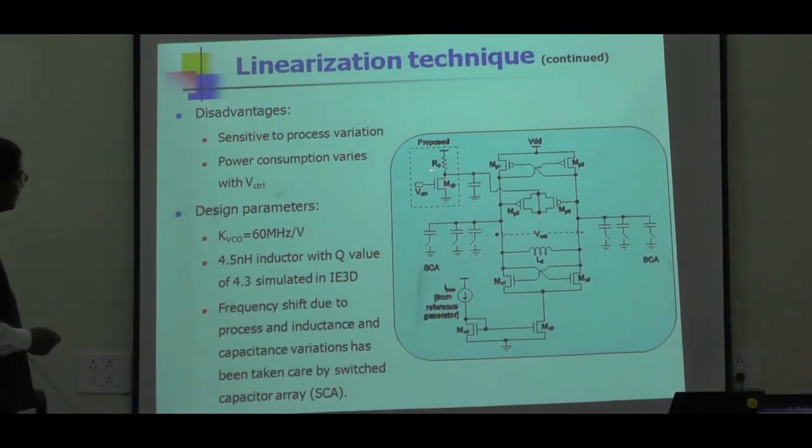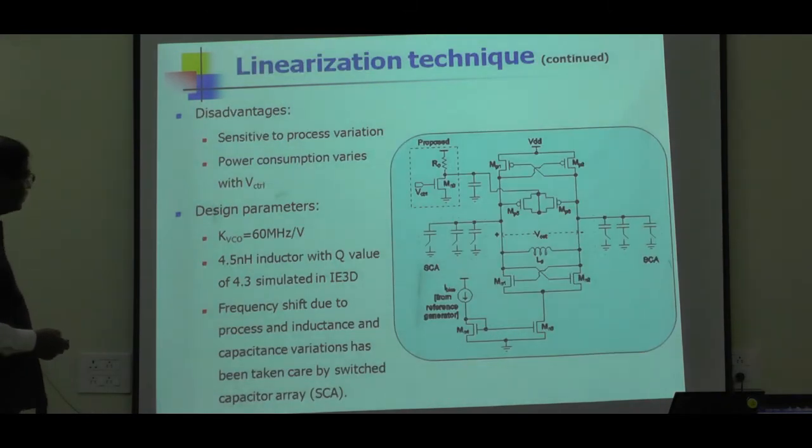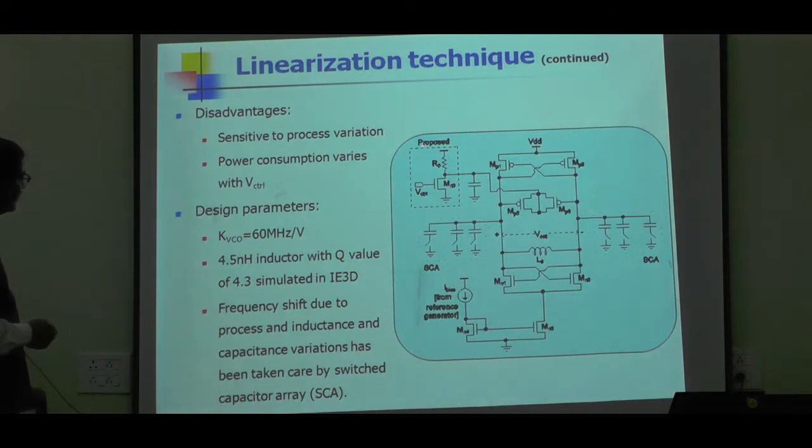So you can always have a source follower over here to improve the linearity of that, so that you can have a better tuning range. Because suppose you directly give the control voltage to the varactor, then if there is a small change in the voltage, that might cause a shift in the frequency.